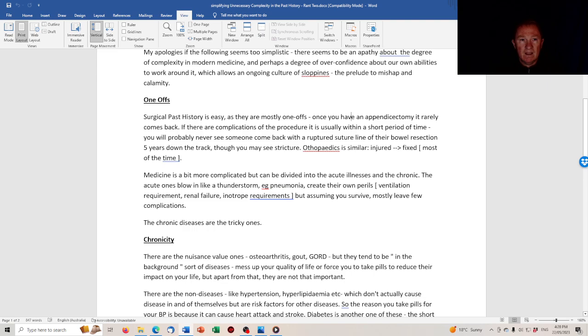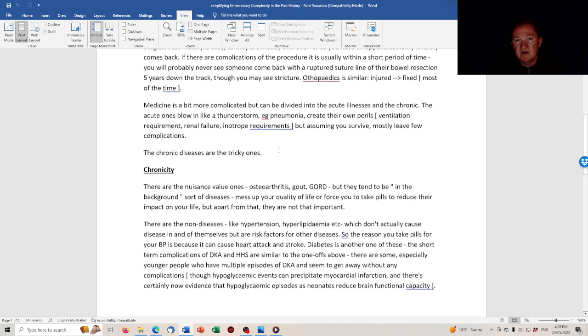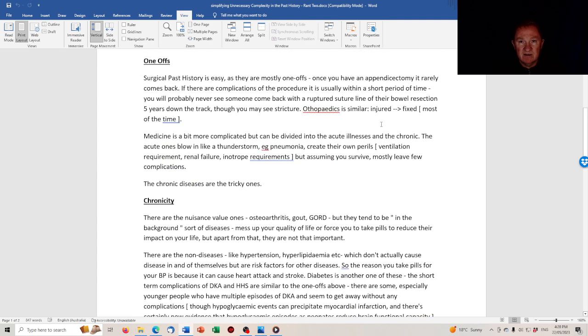A lot of the surgical stuff, once it's been dealt with, is fixed, which is one of the good things about surgery. It tends to be a fairly black and white sort of problem. If something's disappeared into the distance, it's unlikely to come back and cause problems. Medicine's more complicated than that, but you've obviously got the acute illnesses and the chronic illnesses.